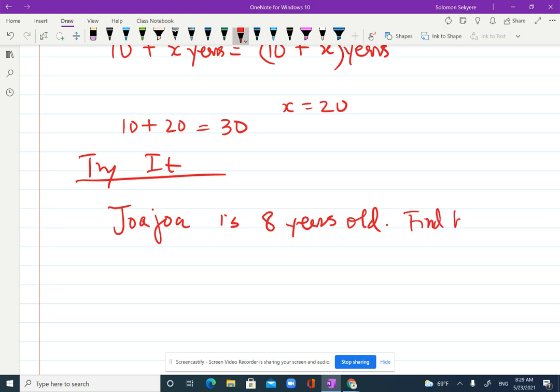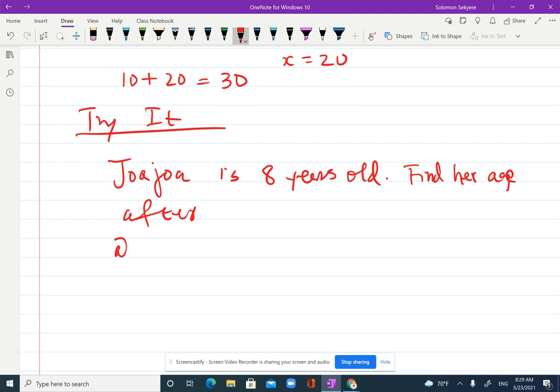Find her age after: A, 3 years; B, 10 years; and then C, what is Joa's age in T years?